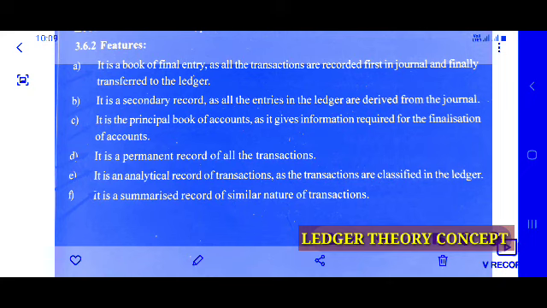For example, in the cash account, we are going to record only the cash entries, those that affected cash. Another example, purchase account: we are going to record only the entries related to purchases, that is, purchasing goods for cash, and the credit transaction, purchasing goods from the supplier. All the similar transactions related to purchase are recorded only in the purchase account.